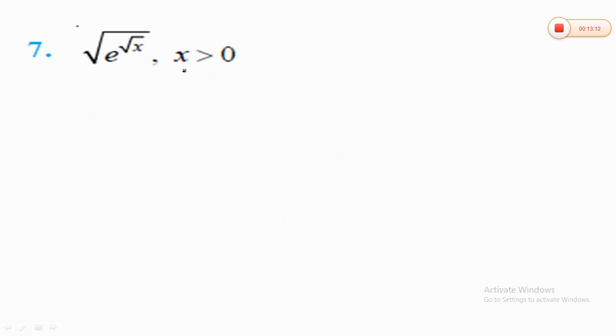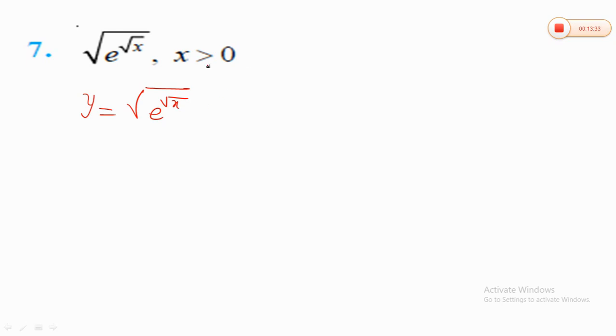It is also a simple one. First, write y equal to root of e raised to root x. It is also a composite one: e raised to root x, and this entire function within another root.